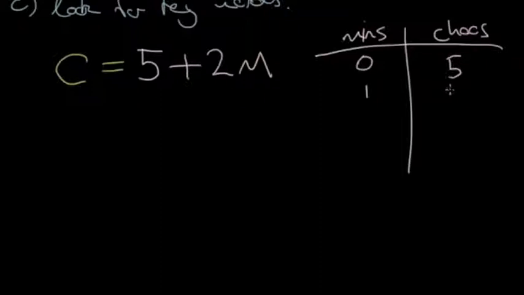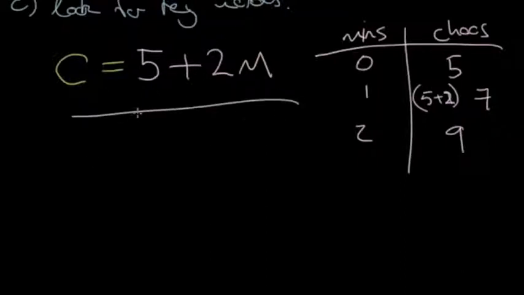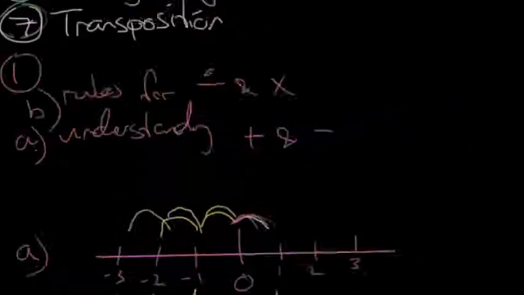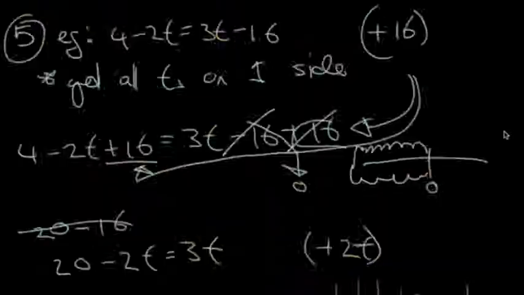So 5 plus 2, 7, right? And then 2 minutes, 5 plus 4 is 9. So that's expressing starting off with 5, getting 2 for every extra minute. And, what do you know? We've actually just constructed an algebraic expression. So that was writing algebraic expressions.